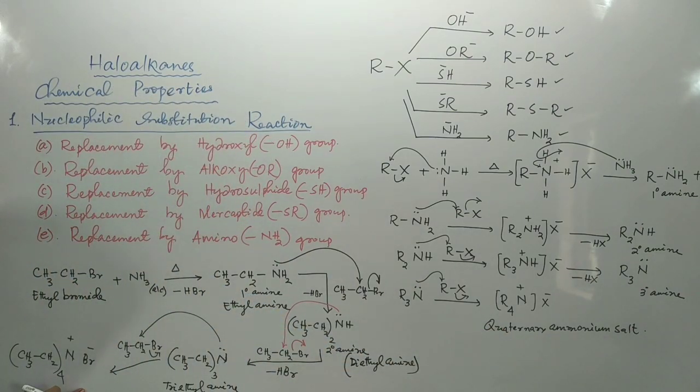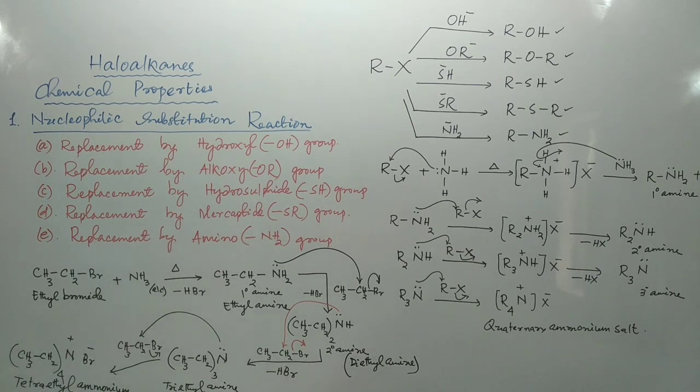This is the quaternary ammonium salt, and we need to name it. What is the name? Quaternary ammonium. How many ethyl groups are there? 4. So tetraethylammonium, tetraethylammonium bromide.